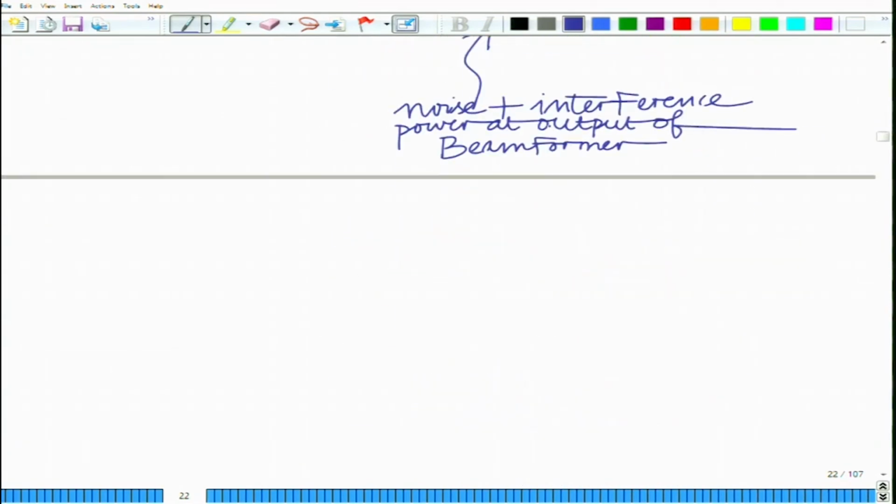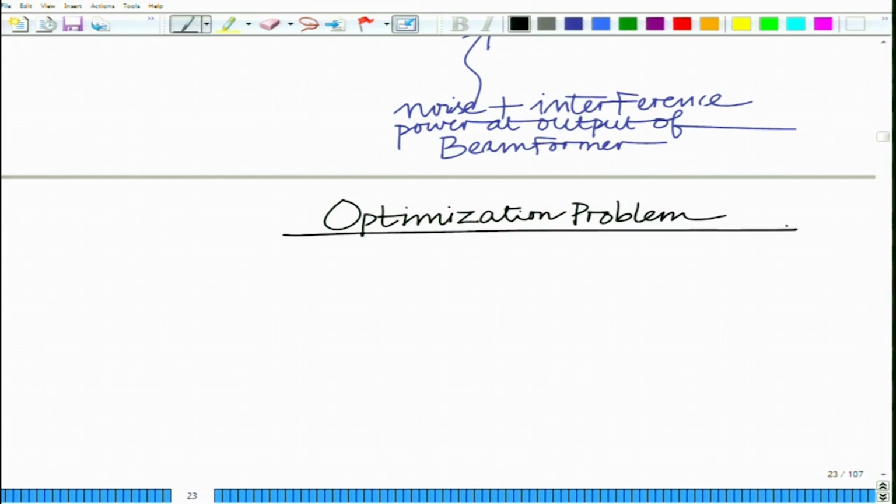So, what is our modified optimization problem for this beamforming with interference?